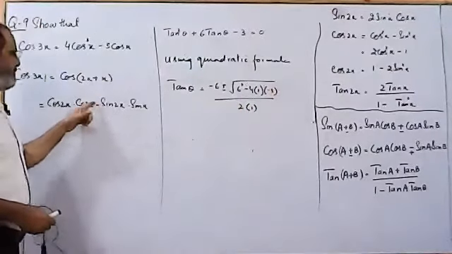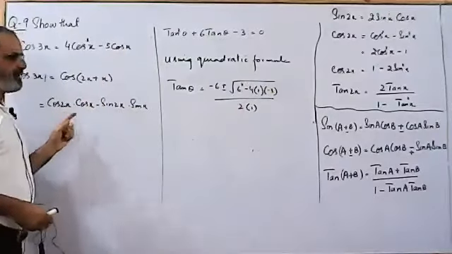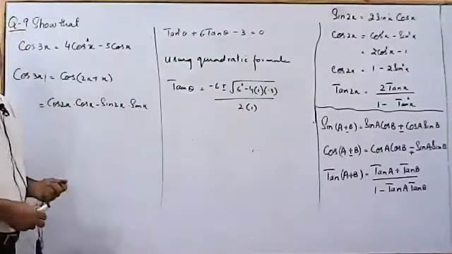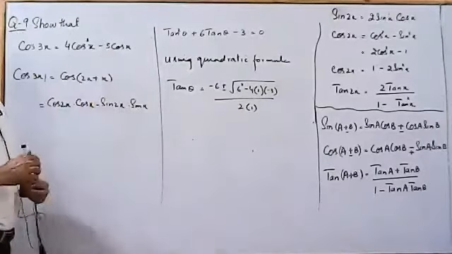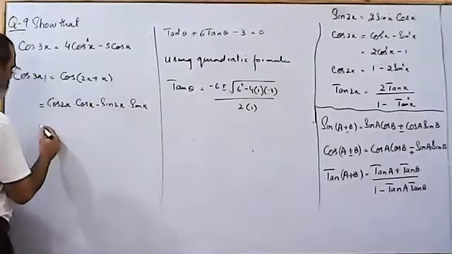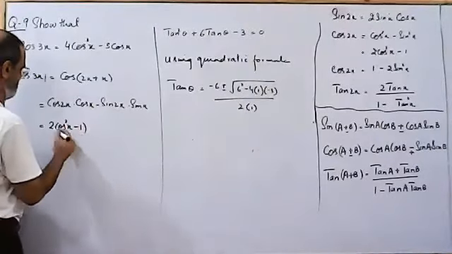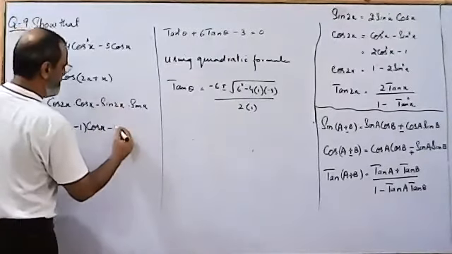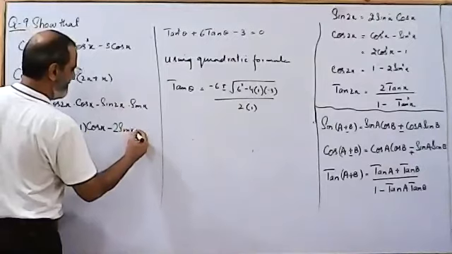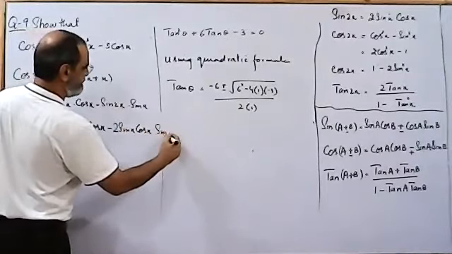For sine, I have no option. There is only one option for sine. But for cos 2x, I have three options. So I'll use the one which is in terms of cos because my final expression is in terms of cos. So here I'm going to use 2 cos square x minus 1, times cos x, minus sine 2x changed into 2 sine x cos x, into sine x.